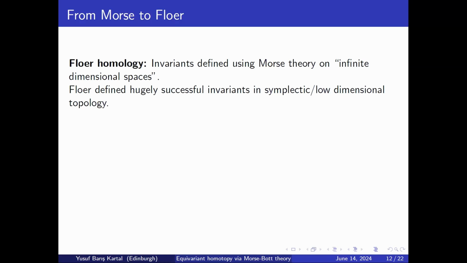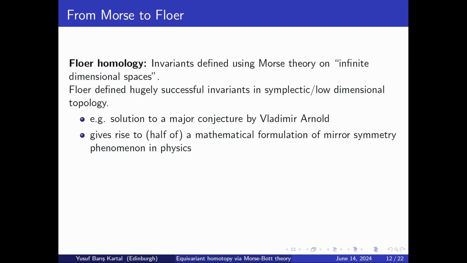So Floer defined this hugely successful invariant in symplectic topology, as Daniel mentioned, which gave rise to a solution to a major conjecture of Arnold, and half of mirror symmetry at least. And it actually has genuine applications in enumerative geometry.